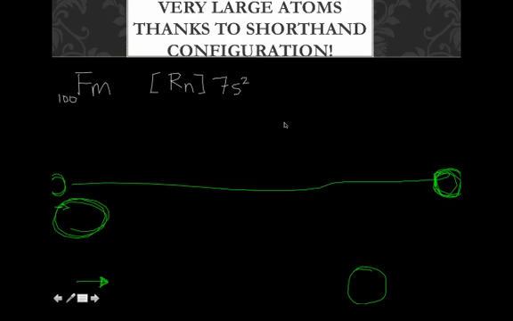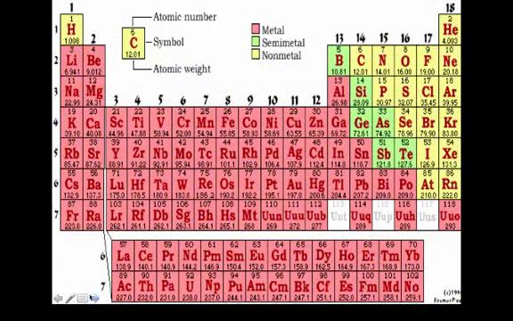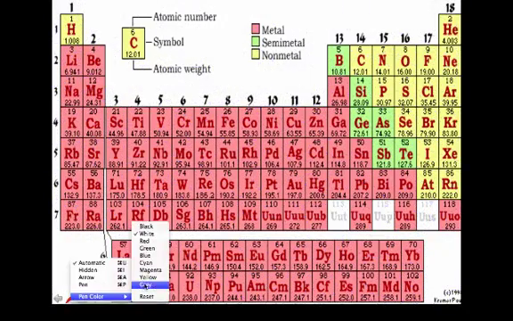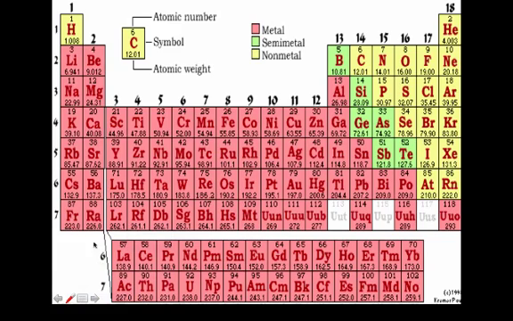What comes next? After that one, we had, this was number 88, then comes number 89, actinium. So now we're down here in the F block. So if we had 7s, take away 2, that means now we're in the 5f.